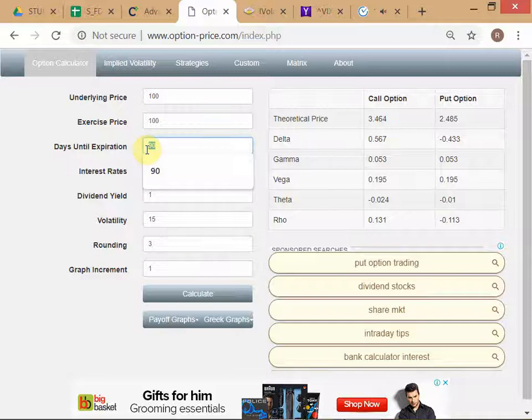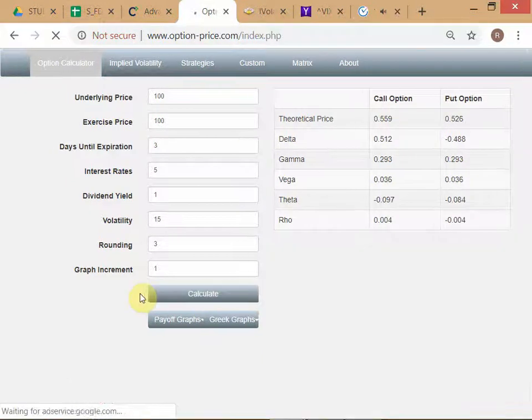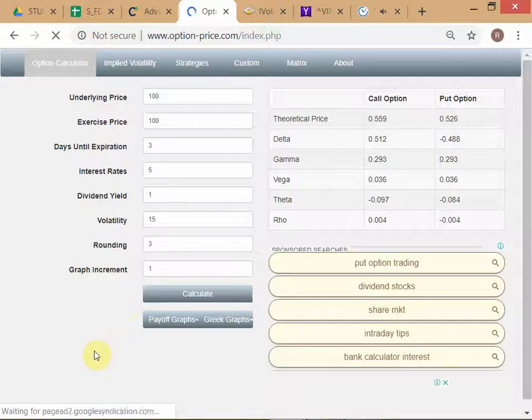I'm going to make it a very short dated option. Nothing else is changing. So minus 0.024, and I'm going to make it 3 days, let's say, just to make it extreme. Now what has happened here? Minus 0.097. Has the theta gone up?